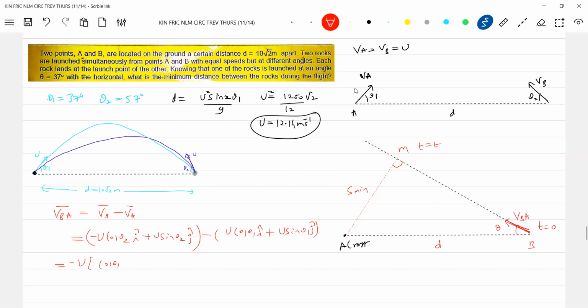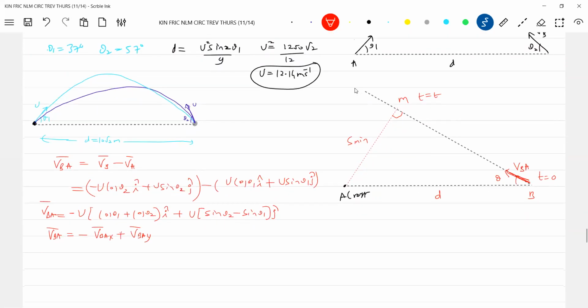So this will be U into cos theta 2 minus cos theta 1 i cap, plus U into sine theta 2 minus sine theta 1 j cap. Call these VBAx bar plus VBAy bar.